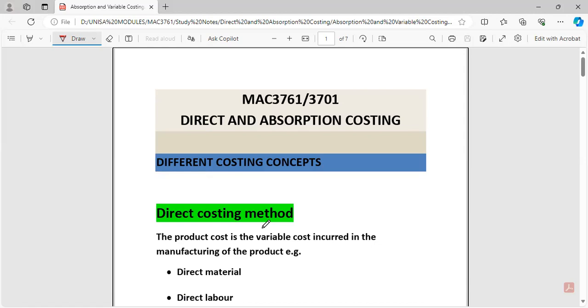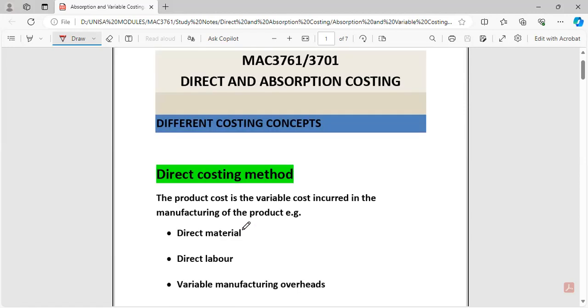That's why, even if you open a textbook for CTA for whichever level, as long as it is costing, they will start with cost classifications, because this is where you should start to build your understanding of costing. What is a product cost, and what is involved in the cost of the product? It's very important even when you do big chapters in costing.